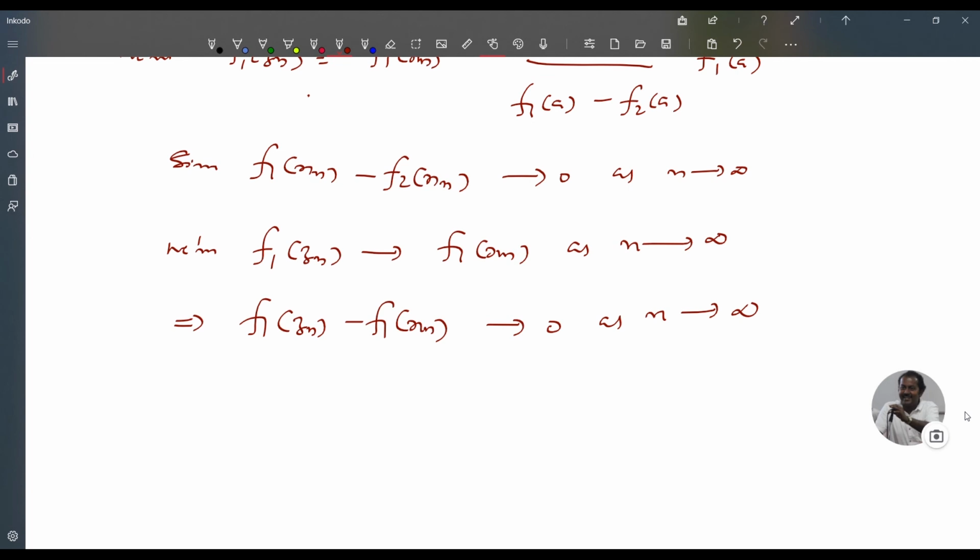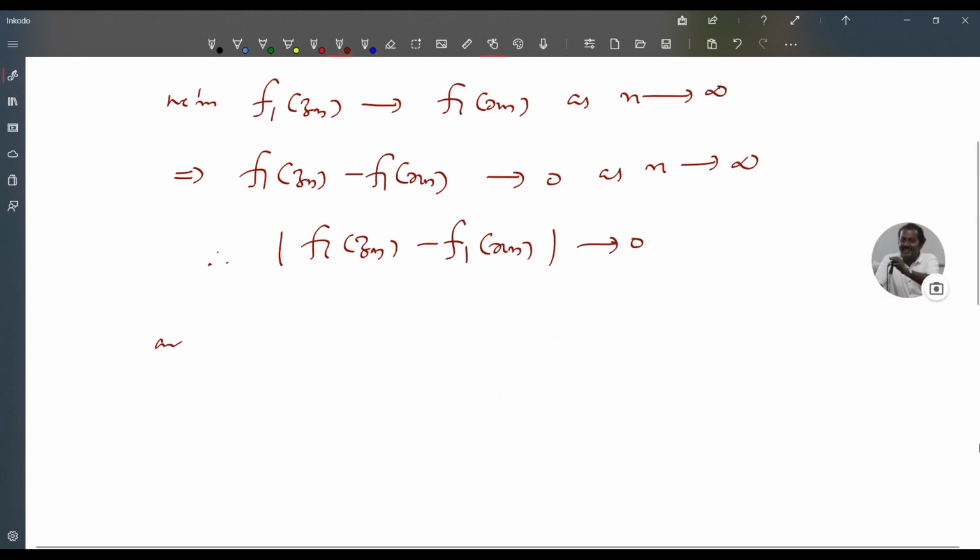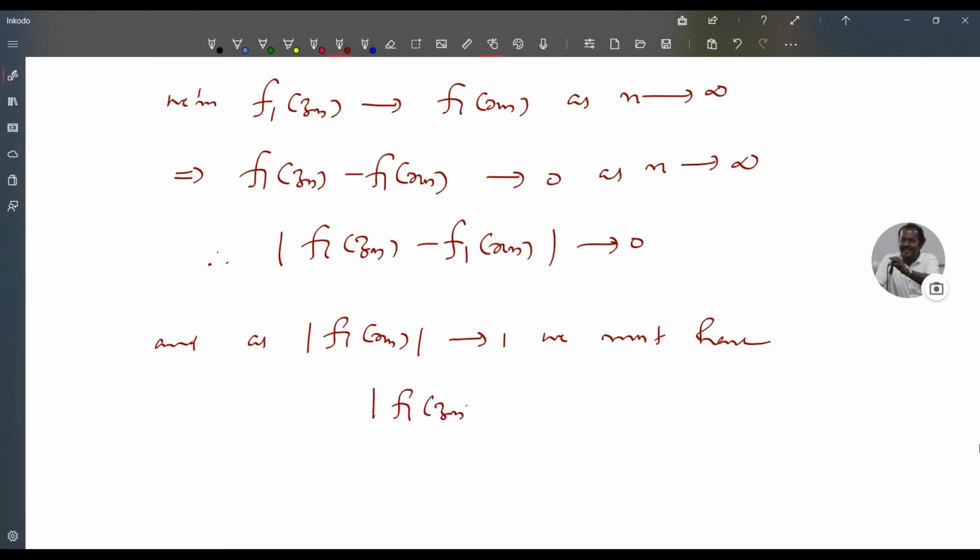Therefore, modulus of f1 of Zn minus f1 of xn converges to 0. And as modulus of f1 of xn is converging to 1, we must have modulus of f1 of Zn converges to 1.